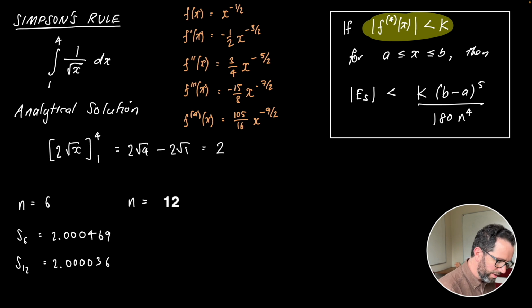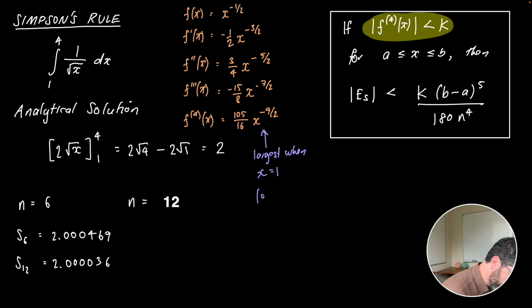Okay, now we are on the interval between 1 and 4, and we know that x to the negative 9 over 2, that's a negative power of x, and that thing is going to get smaller and smaller as x gets bigger and bigger. So this term here is going to be largest when x equals 1.